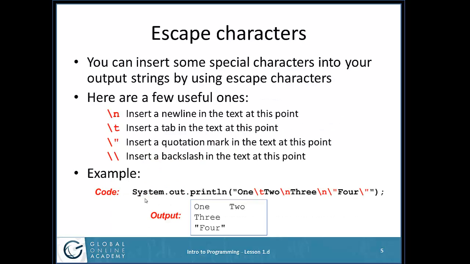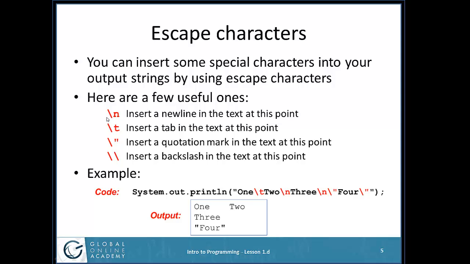Now we can also insert some special characters into our output strings by using what are called escape characters. Escape characters are triggered by using this backslash, which on your keyboard is usually on the row of keys that ends with the letter P. There are usually a few special characters to the right of that. This one is the backslash. It's different than the forward slash, which shows up on the bottom of your keyboard with the question mark.